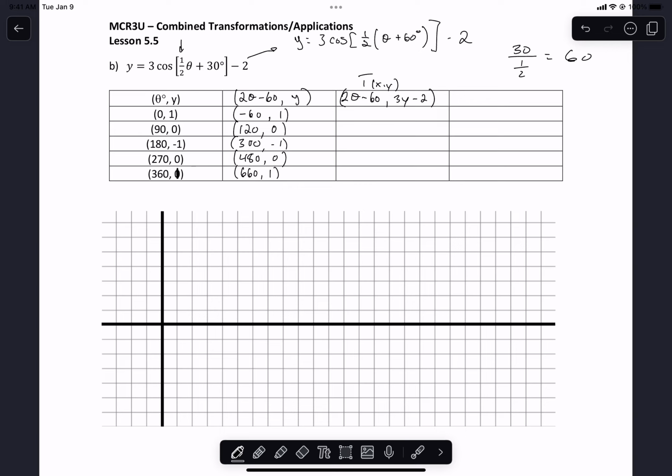And so 3 times 1 is 3 minus 2, which should be 1, right? And then 3 times 0 minus 2 should be negative 2.